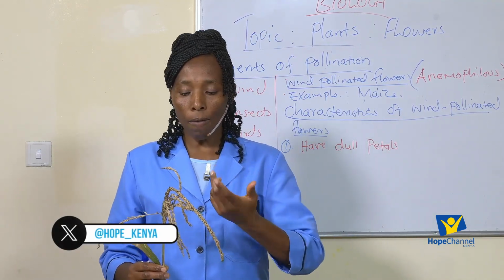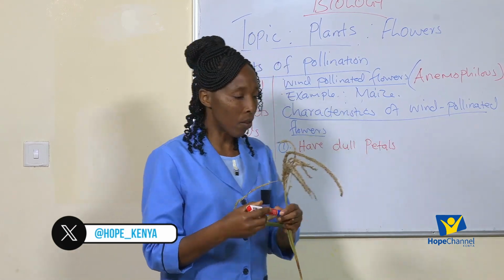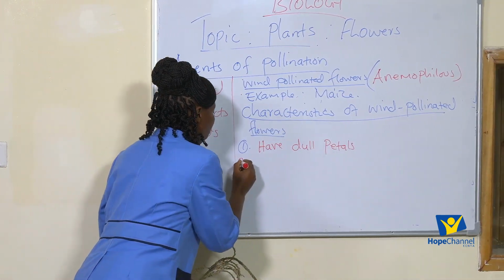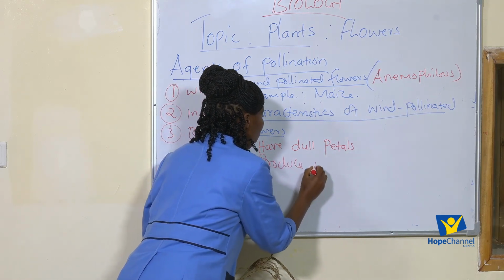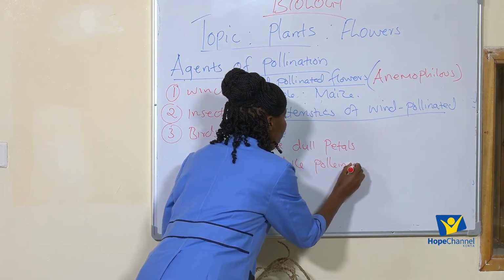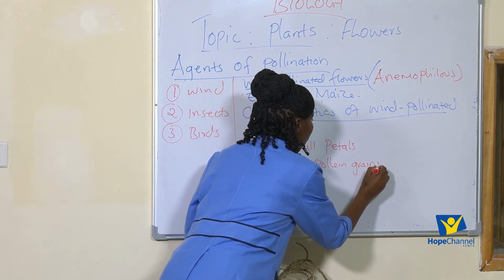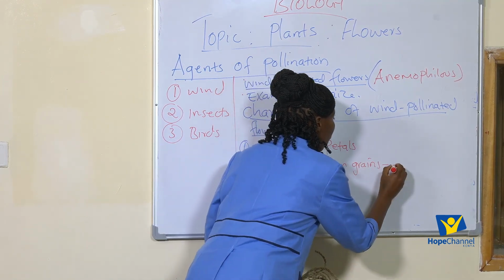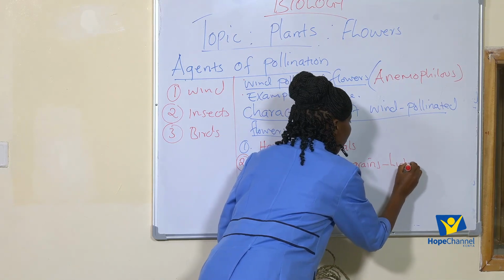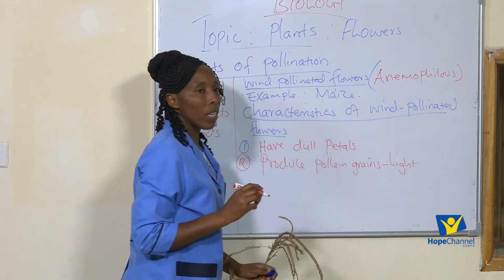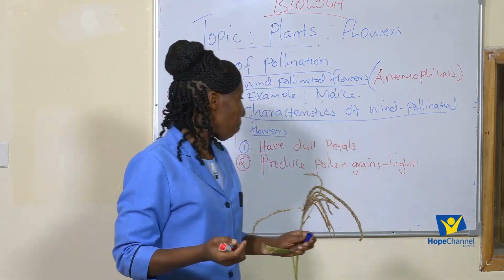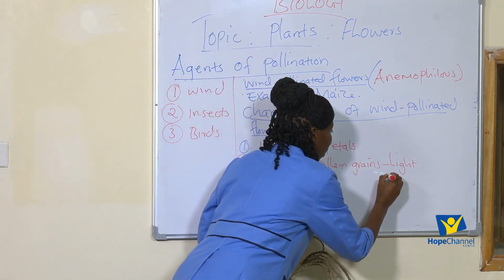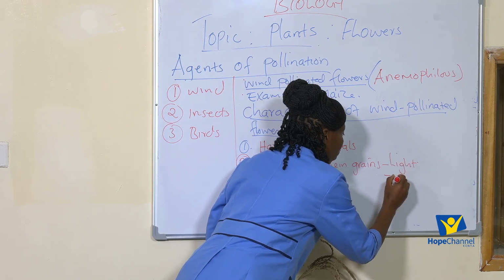So they have developed a mechanism in such a way that they do what? Number two, they produce pollen grains that are, number one, light, okay? The pollen grains are light. Light means they can easily be carried by wind. Number two, these pollen grains are produced in large numbers.